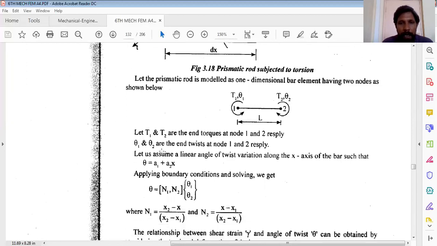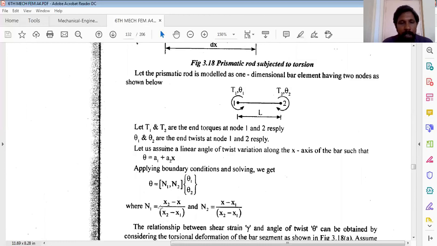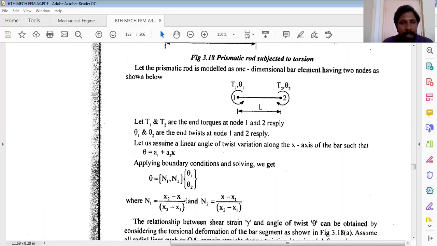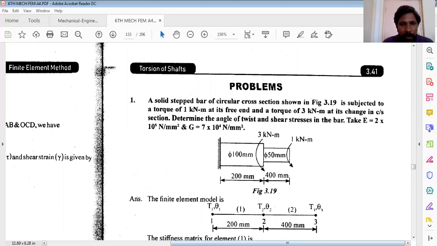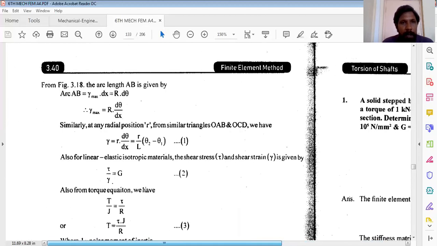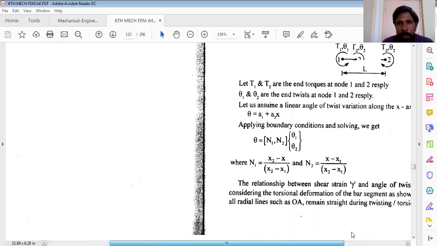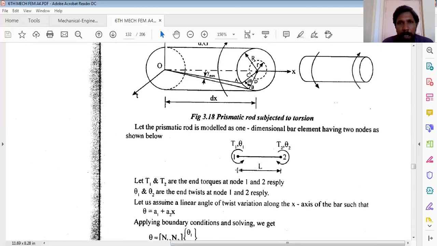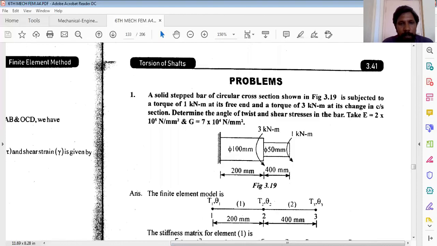If you consider the displacement function in terms of angle of twist for this shaft element, and apply the boundary conditions of node 1 and node 2, we will get the shape functions similar to the bar subjected to force, where n1 is x2 minus x divided by x2 minus x1, and n2 is x minus x1 divided by x2 minus x1. When you look at this figure, gamma max is related to the arc length AB.